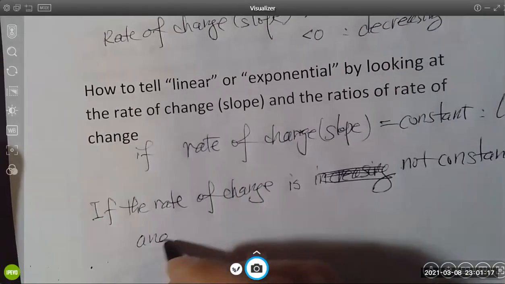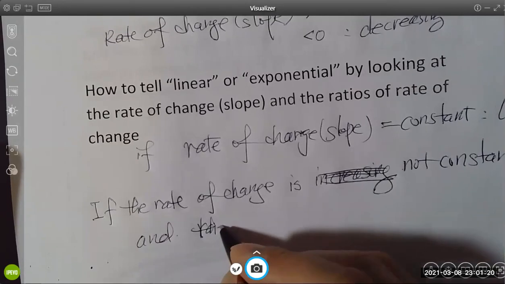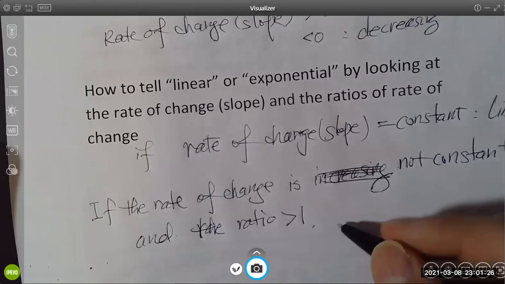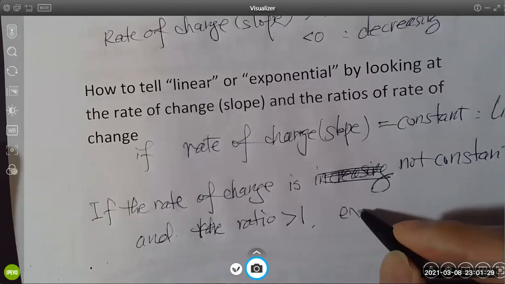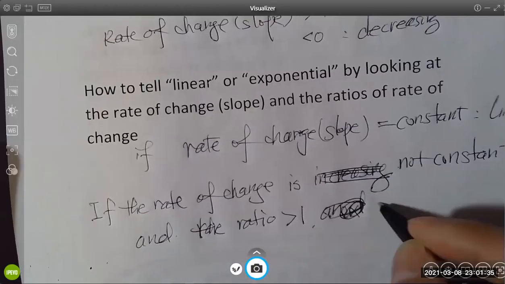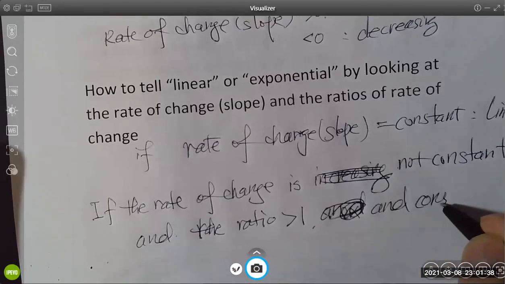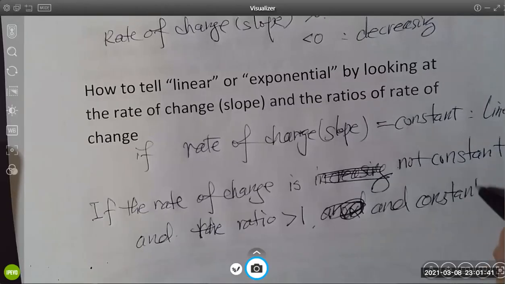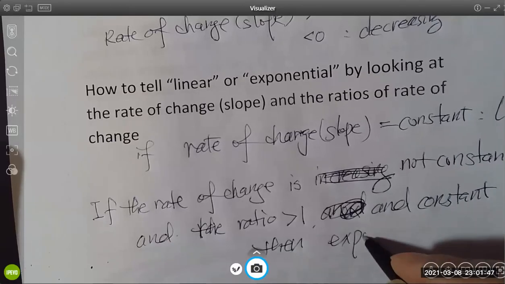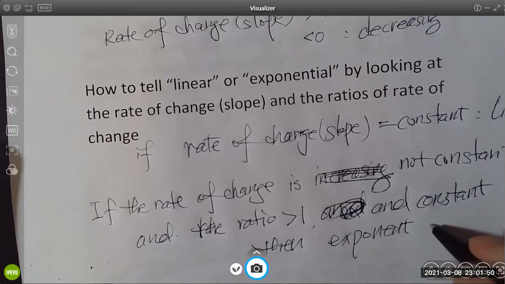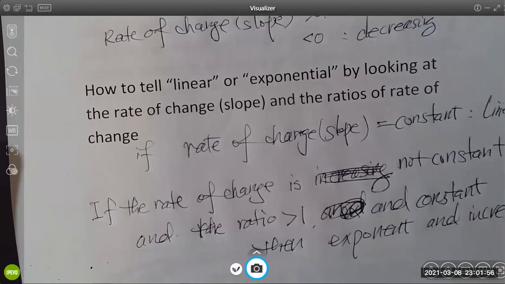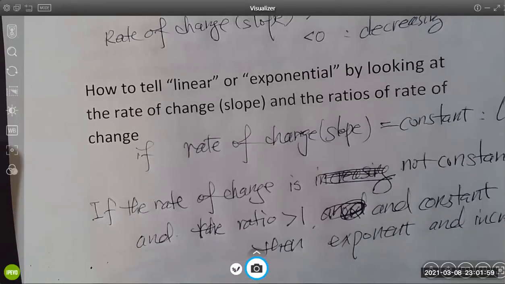And the ratio is greater than 1, then this is exponential. It is greater than 1 and constant. The ratio has to be constant too. Then this is exponential, and increasing.